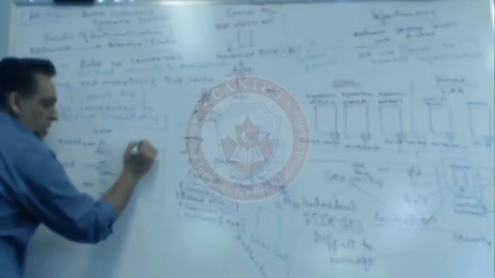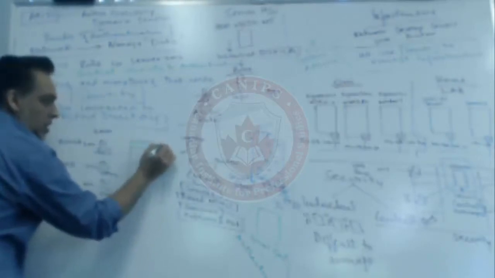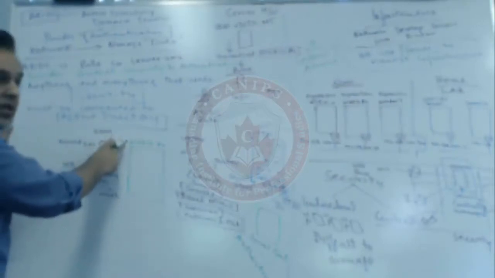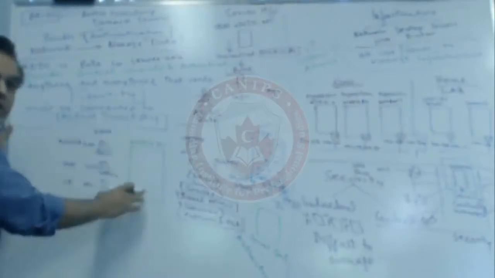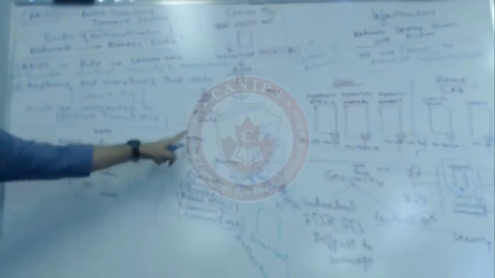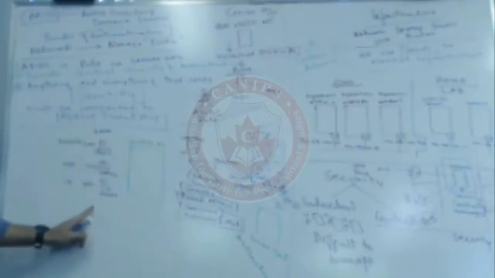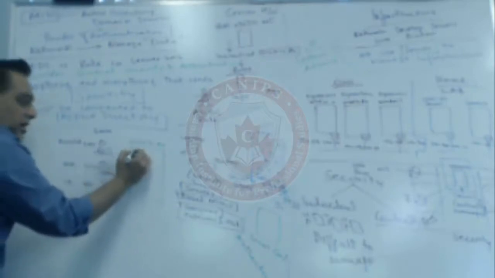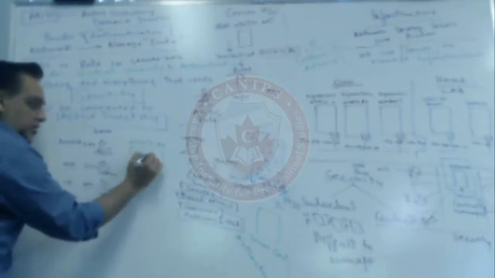We will bring a server in between and install Server 2012 R2, or you can install 2003 as well. Server 2003, 2008, 2000, all of these servers have Active Directory. So you brought in this component, the server. Now, with just this server, you cannot provide security for all of them. You need to bring in a server, number one, and then you need to add a role called ADDS.